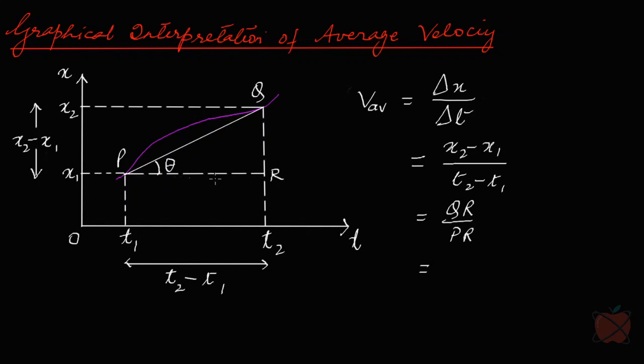Right, perpendicular by base, and that is nothing but equal to the tangent of the angle theta. By definition, tan of the angle theta is nothing but the slope of the line PQ. So therefore the average velocity is nothing but equal to the slope of the line PQ.